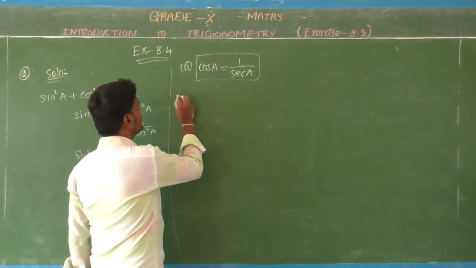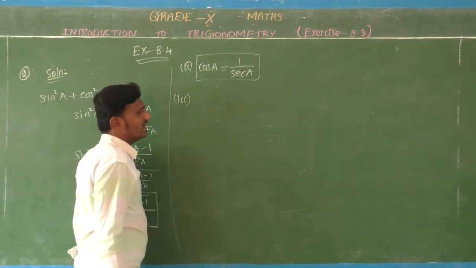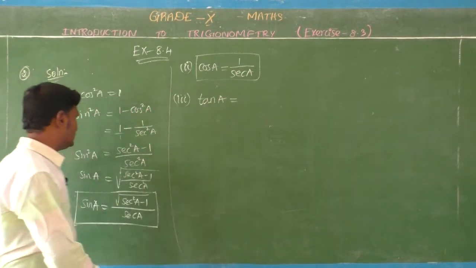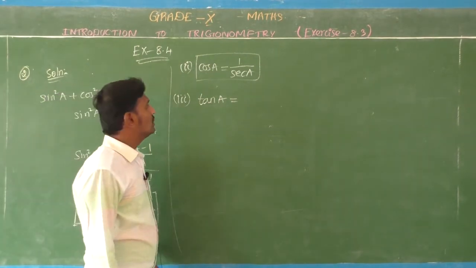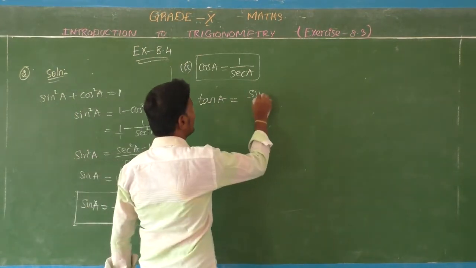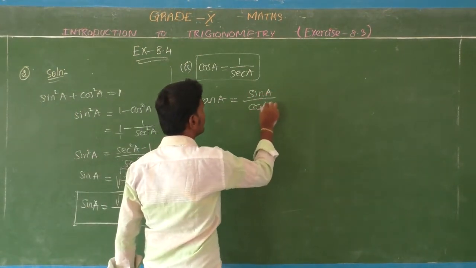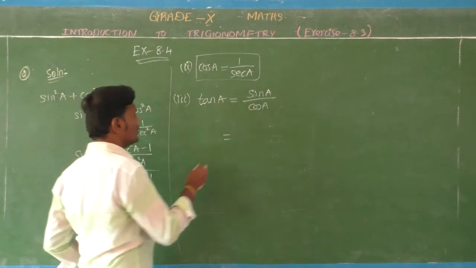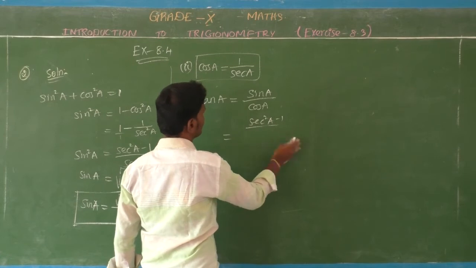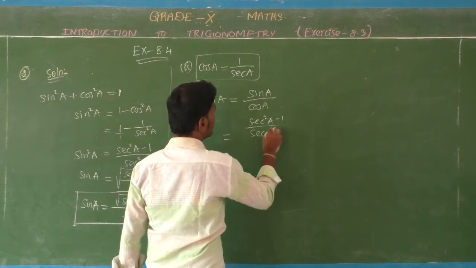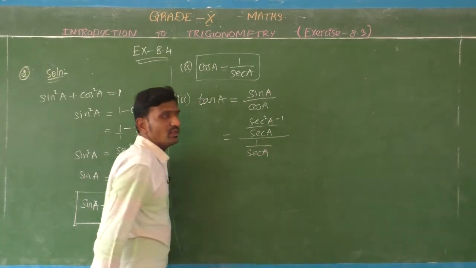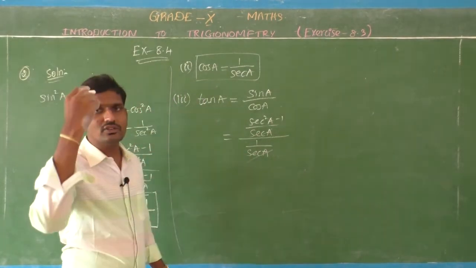The third one I am going to take is tan A. Tan A is very simple: divide sin and cos, so sin A by cos A. Now sin A is the square root of secant square A minus 1 by secant A, divided by cos A, which is 1 by secant A. Here secant A on both sides cancels.